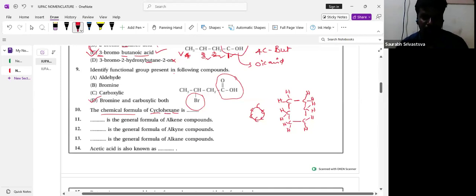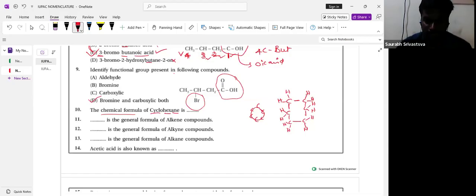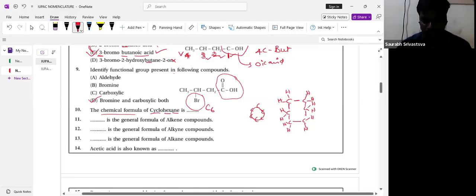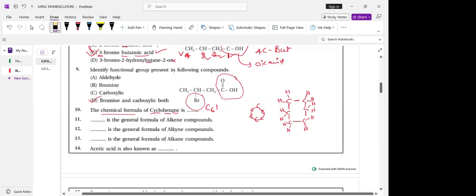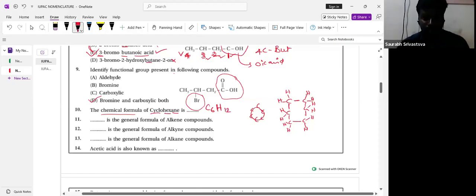Between carbon and carbon, everywhere should be a single bond. Then the formula: 6 carbons are there and 12 hydrogens. Correct? Once you count, 12 hydrogens are there. Then this is the formula of cyclohexane.